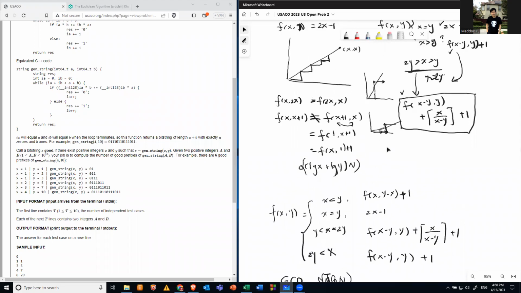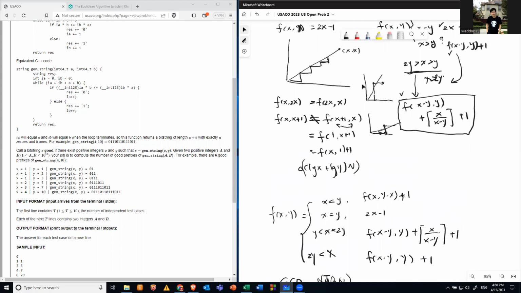You can derive it by drawing it on this 2D plane and really thinking about it. It started by thinking about a simple case: when x equals y, you start to see this is basically a staircase going up. Then you can verify this by coding a brute force solution and checking that your equation is correct.